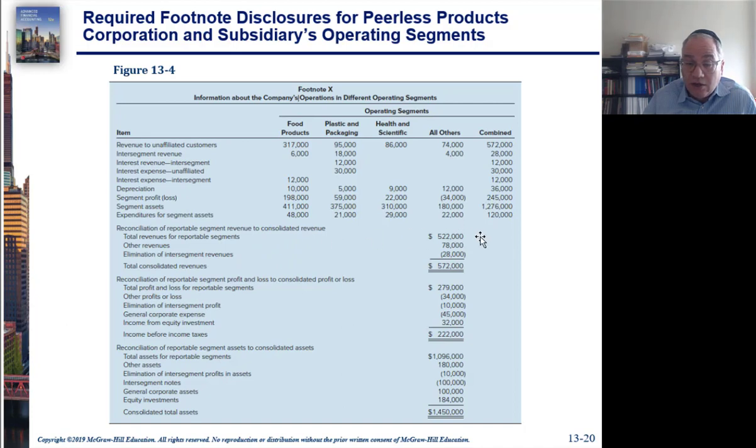You need to reconcile revenues of reportable segments to consolidated revenues. You need to reconcile segment profit and loss to consolidated income before taxes, and you need to reconcile reportable segment assets to consolidated assets. So all of these things are required disclosures under GAAP.